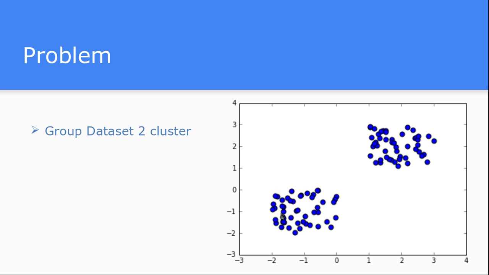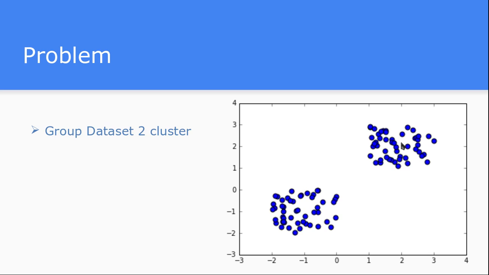This part forms one cluster where the values are somewhat lower in both the horizontal and vertical axis directions, but in this cluster both the horizontal and vertical axis values are a little higher compared to cluster 1. So let's call this cluster 1 and this cluster 2 for simplicity.